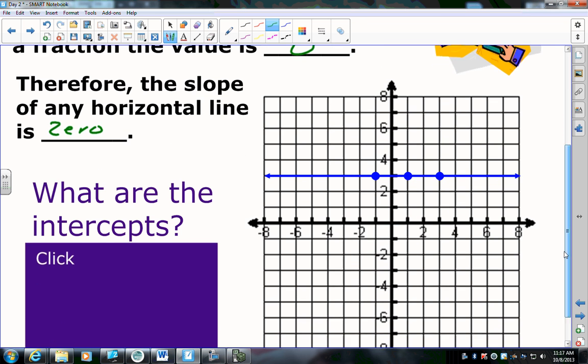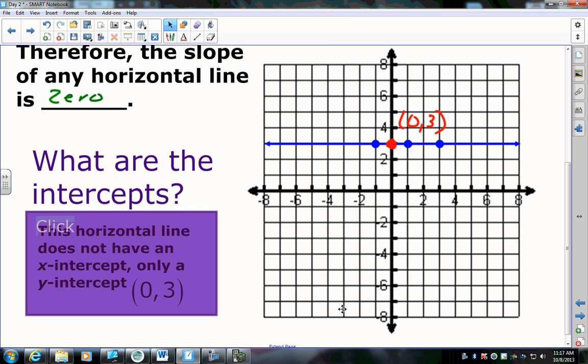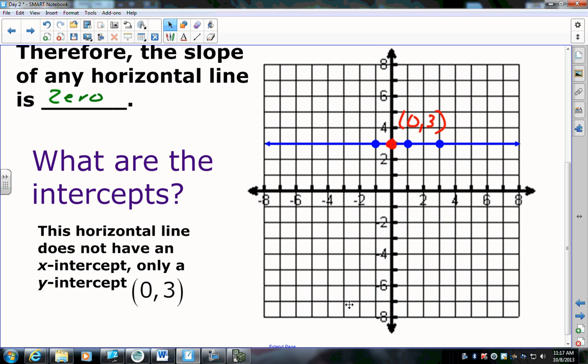Now, if I asked you what are the x and the y-intercepts, we already found the y-intercept right here at 3. What is the x-intercept? Does it cross the x-axis? No, so there is none. Okay? A horizontal line does not have an x-intercept. It only has a y-intercept.